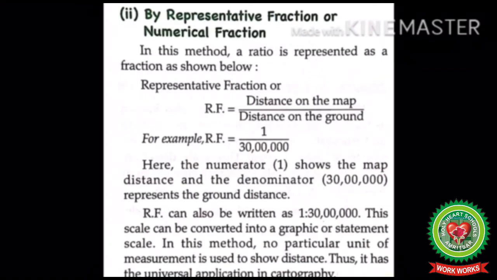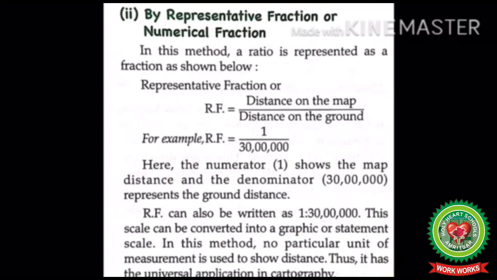For example, RF is equal to 1 upon 30 lakhs. Here, the numerator is 1, that shows the map distance, and denominator is 30 lakhs, that represents the ground distance.